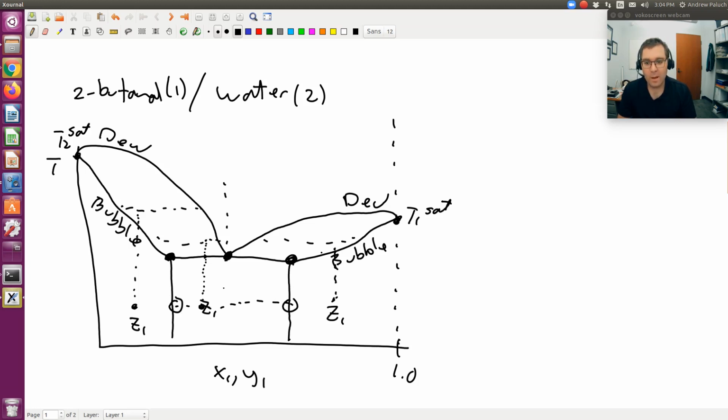Where this can come in handy is that you can play around with the composition of that liquid phase to affect your VLE once you enter the VLE region. So there are all sorts of games we can play marching around the phase diagram. But anyways, let's get back to the question at hand.